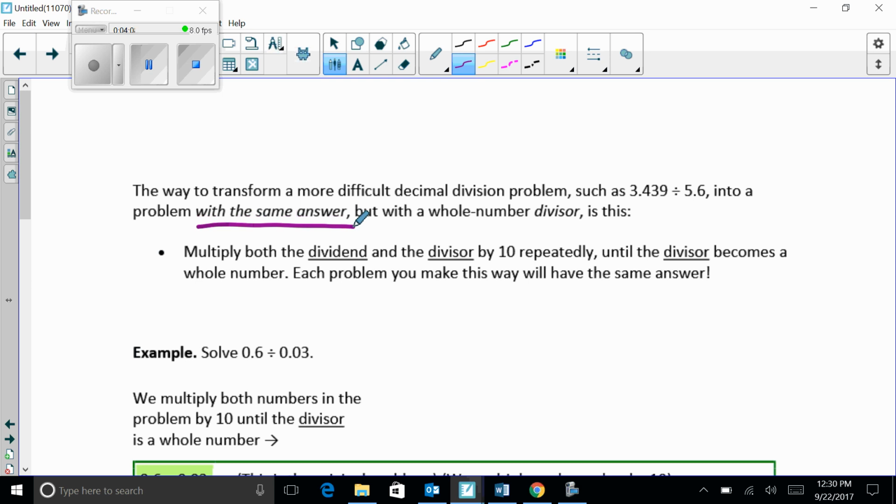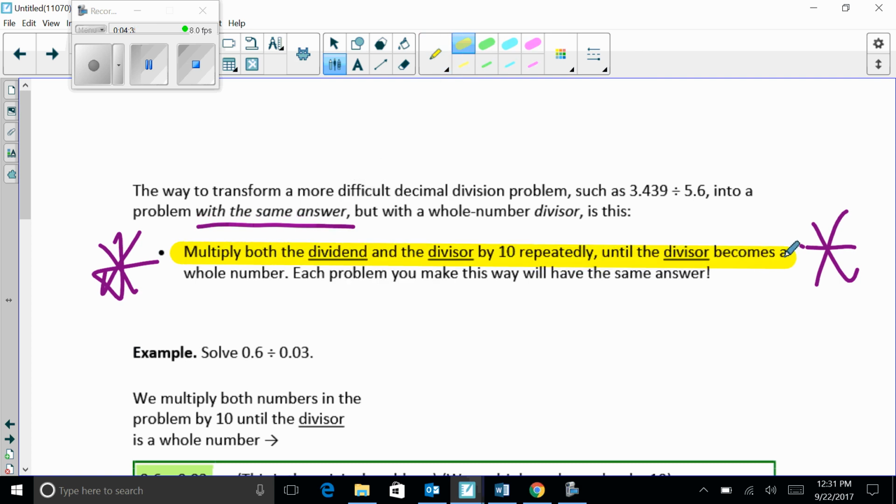Okay, so we're going to start with decimals, and then eventually our divisor, the outside number, is going to become a whole number. Multiply both the dividend and the divisor by 10 repeatedly until the divisor becomes a whole number. This is huge, okay? So this is going to be key. So if you have a highlighter, you can go ahead and highlight.